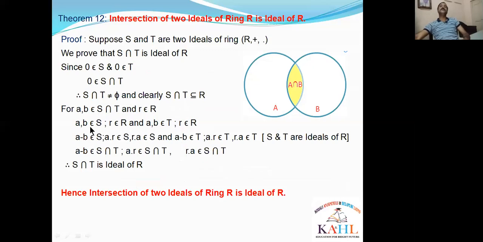What is S? S is an ideal. By the definition of ideal, we write two bits: A minus B belongs to S, and A·r belongs to S, r·A belongs to S.